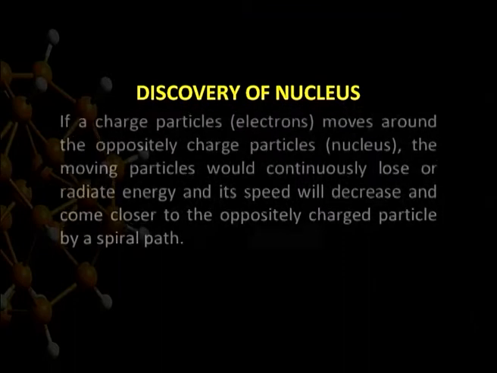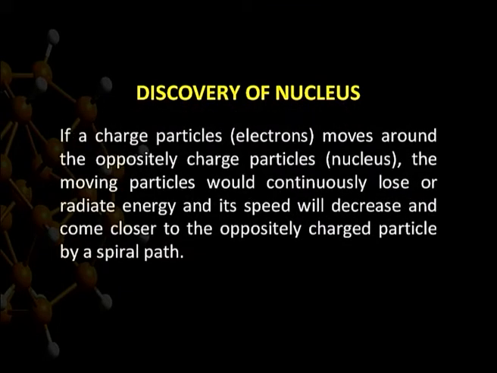There is one very serious drawback in Rutherford's nuclear atomic model. According to classical electromagnetic theory, if charged particles like electrons move around oppositely charged particles like the nucleus, the moving particles would continuously lose or radiate energy, and their speed will decrease and they will come closer to the oppositely charged particles by a spiral path.